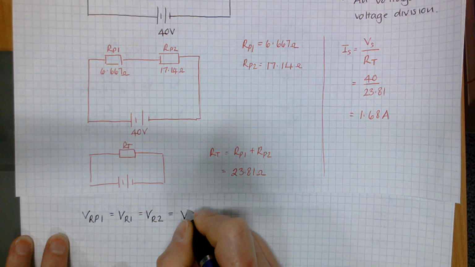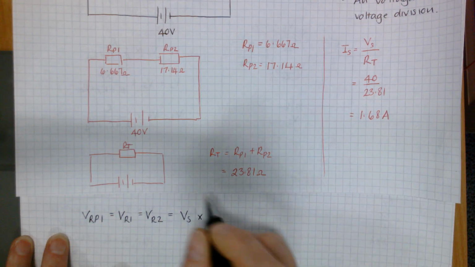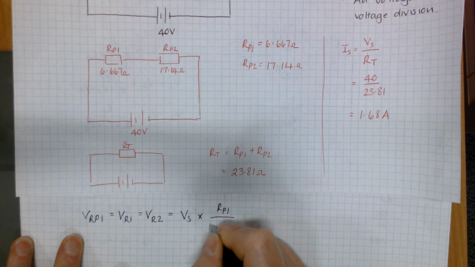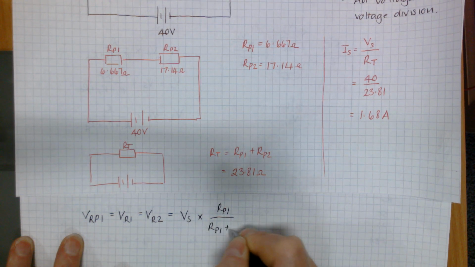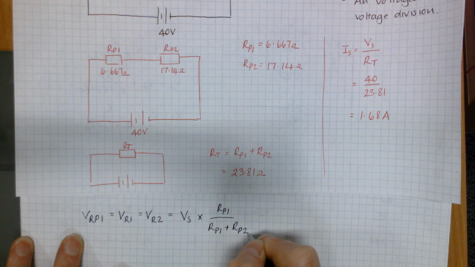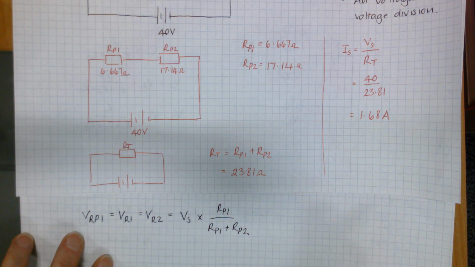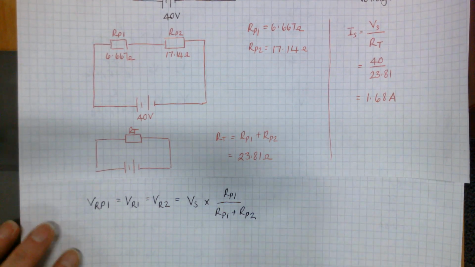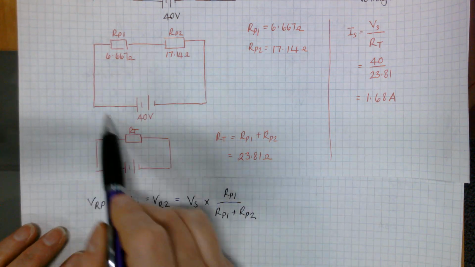Then you're going to do your VS multiplied by RP1 over RP1 plus RP2. So you're doing your voltage divider in that series circuit.